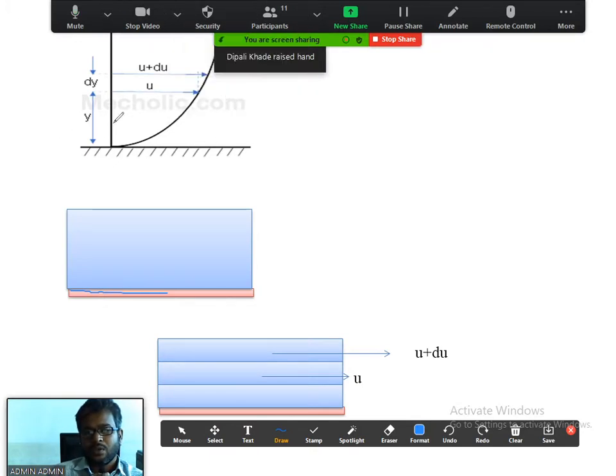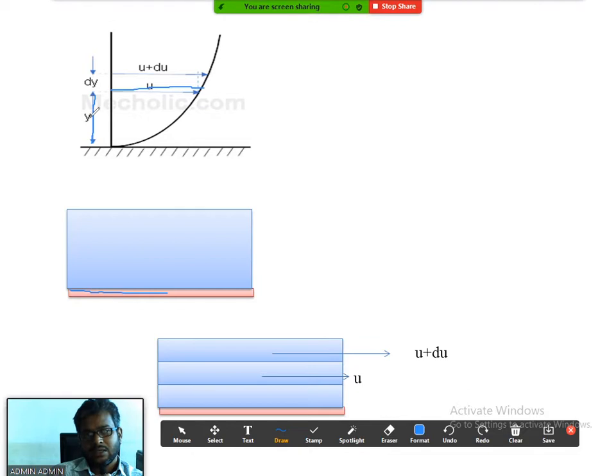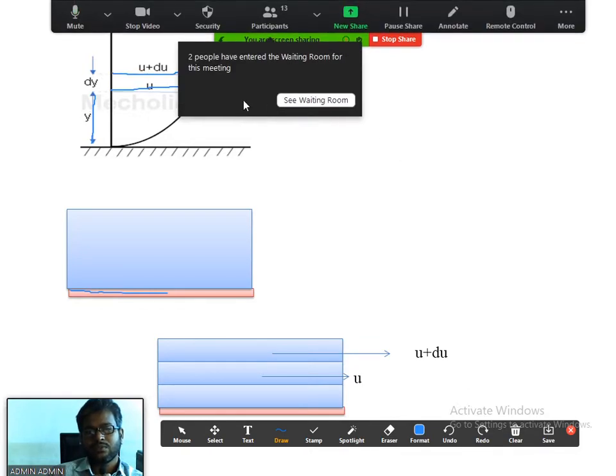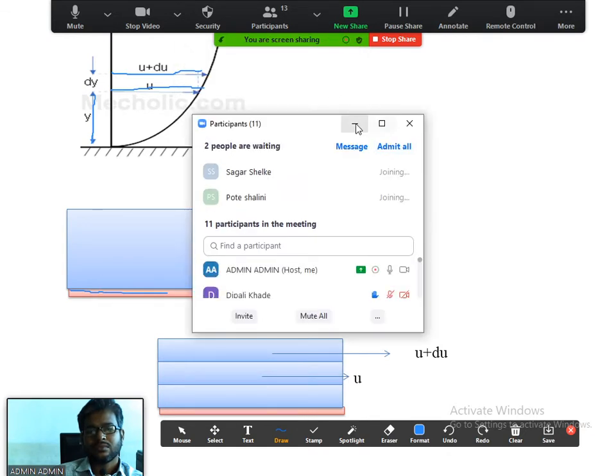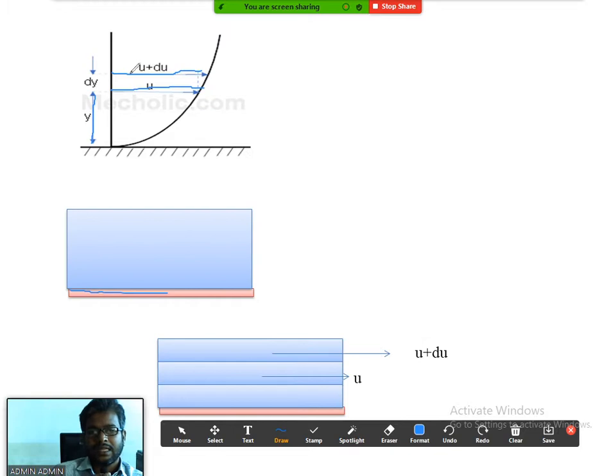So at a distance y there is one layer which flows with the velocity u, and at the height y plus dy it flows with the velocity u plus du.